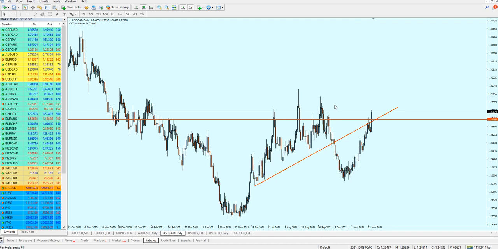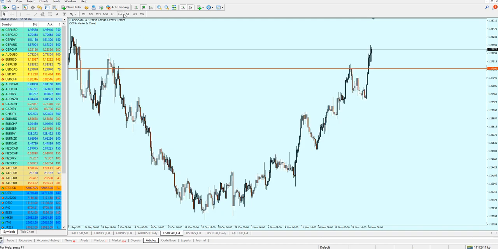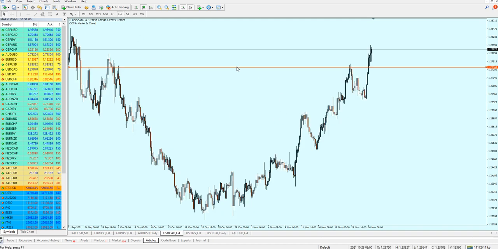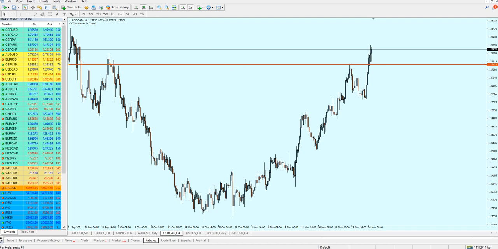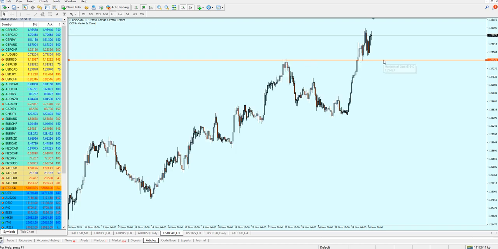Too much, 56 pips before we can buy it. USD CAD is bad. One hour time frame is very bullish.